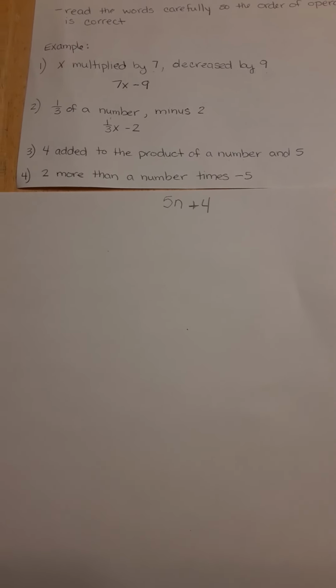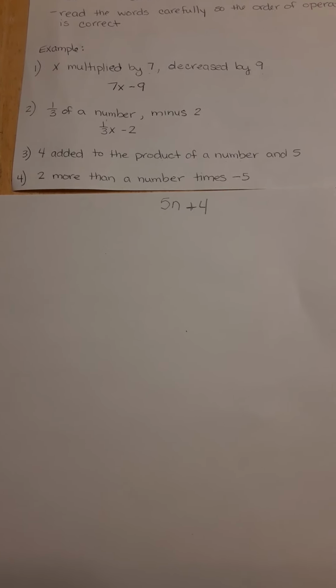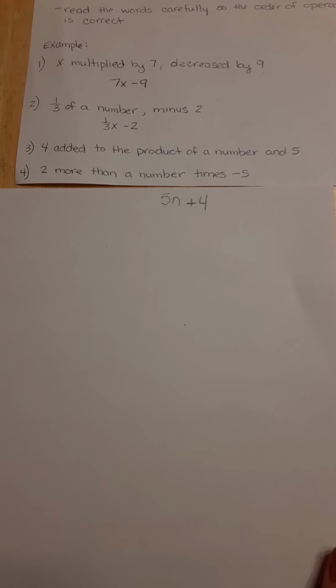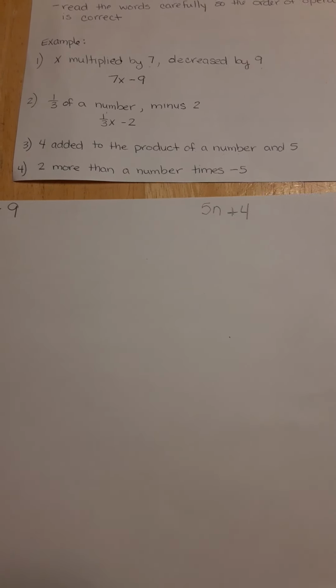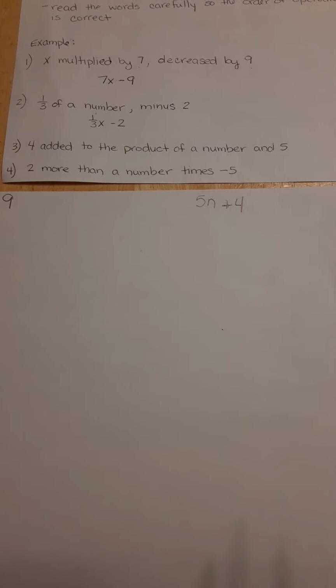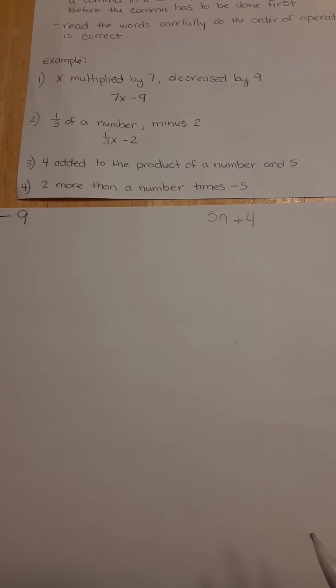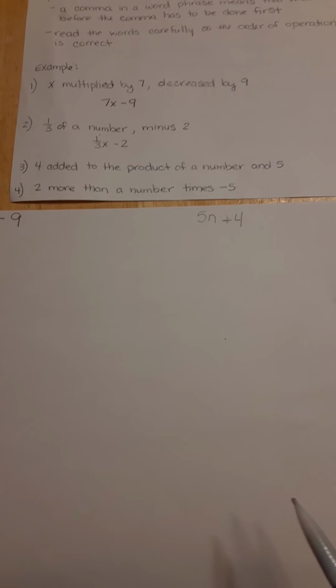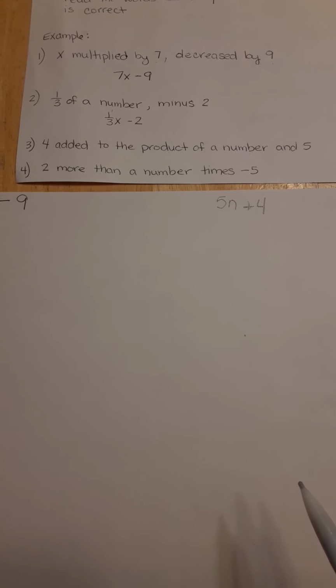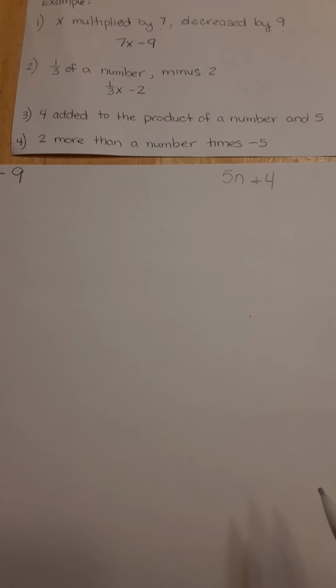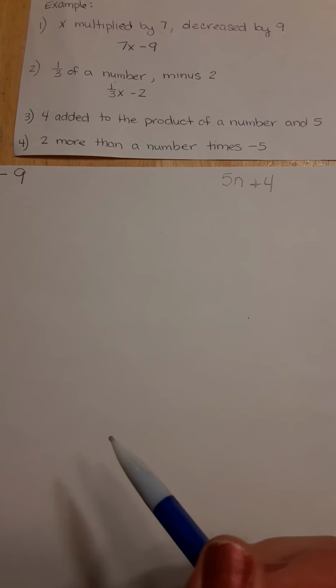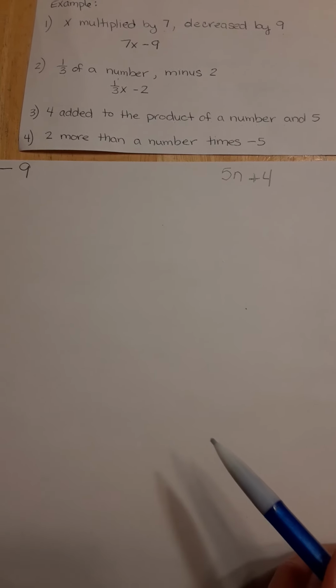Then we've got one last thing here. We have 2 more than a number times -5. The thing we have to remember is we can use the distributive property when we create word phrases and numerical phrases.